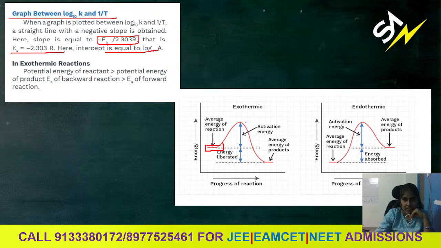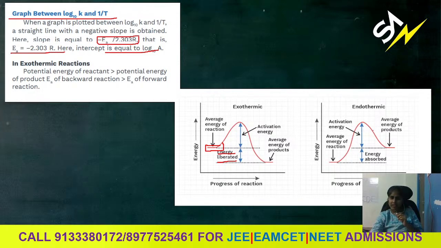If there are successful collisions to form the products, the activation energy will be as shown in this graph. Energy is liberated for exothermic reactions, so it shows a peak from the reactants to the products. So this is the graph for exothermic reactions.